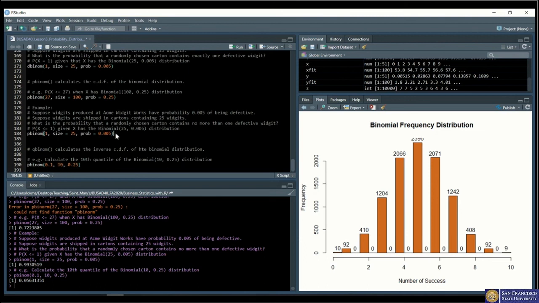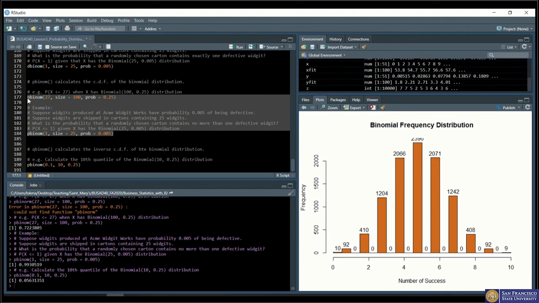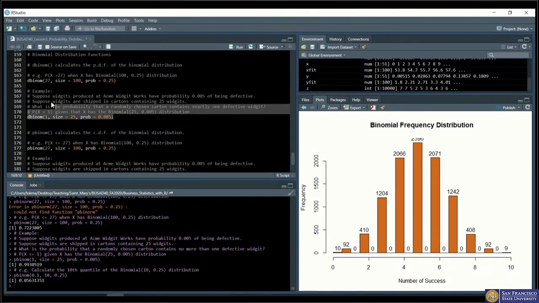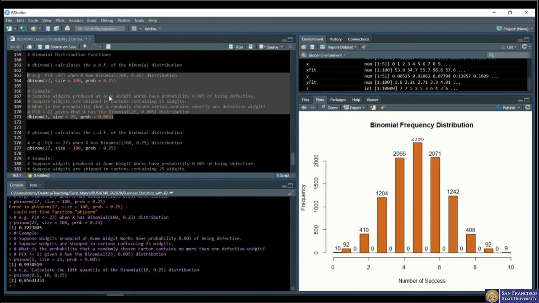The P binomial returns the probability of the tail, and the D binomial returns the probability of a single specific bar in your distribution. It's just one particular value.